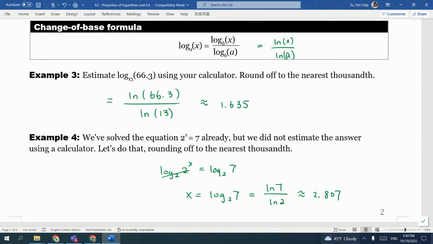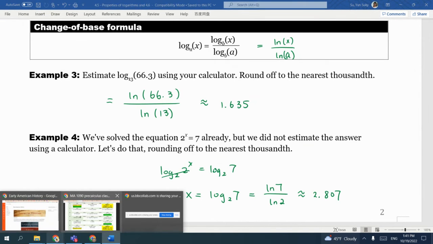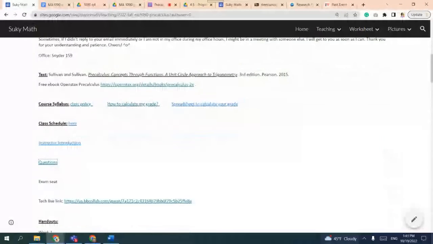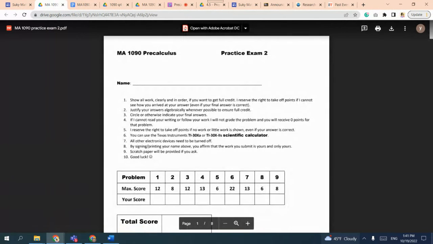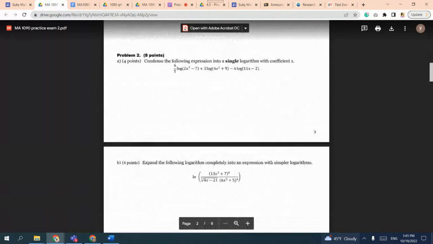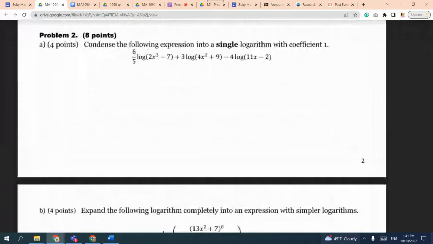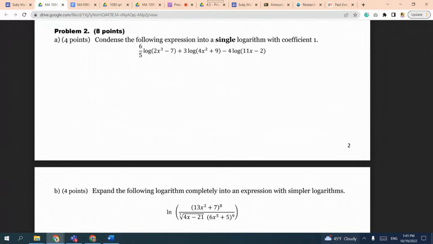So far, so good, everybody? Okay, very good. Let's do a little bit more practice. This is our practice exam. Take out a piece of paper and do these two problems.